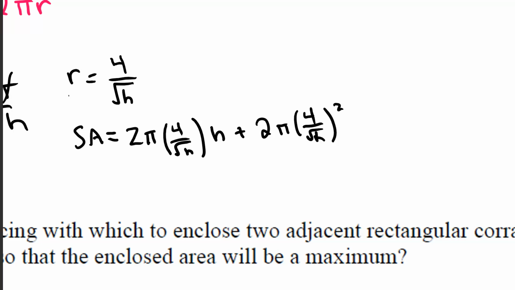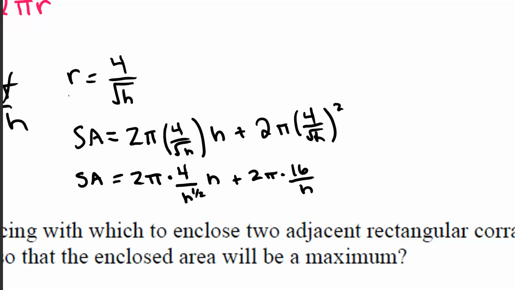All right. So this is going to be easier for us to think about if I rewrite the square root h with a fractional exponent. Well, let's keep going. I'll be quiet for now. We've got 4 squared and square root h squared, so that's going to be 16 divided by h.